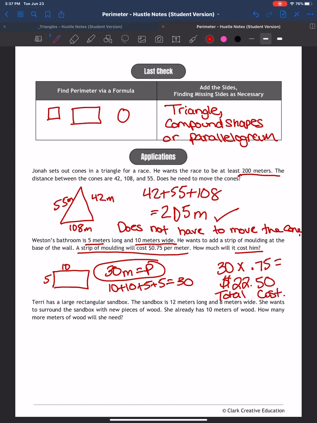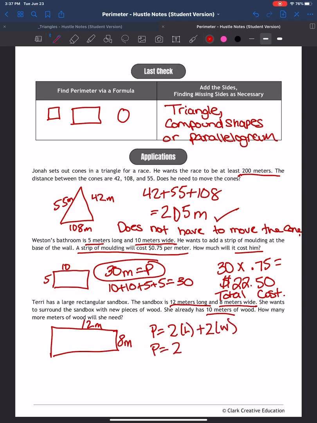Terry has a large rectangular sandbox. The sandbox is 12 meters long and 8 meters wide. She wants to surround the sandbox with a new piece of wood. She already has 10 meters of wood. How many more meters of wood will she need? So again, here's your rectangle. You have 8, you have 12 meters. You can do perimeter equals 2 times length plus 2 times width.